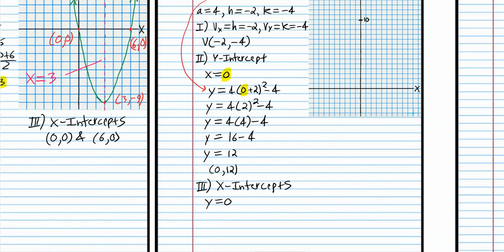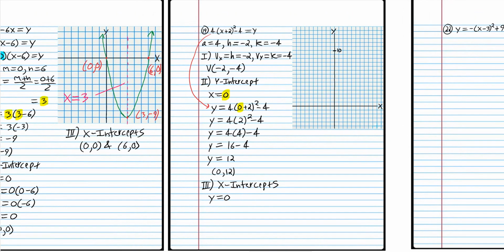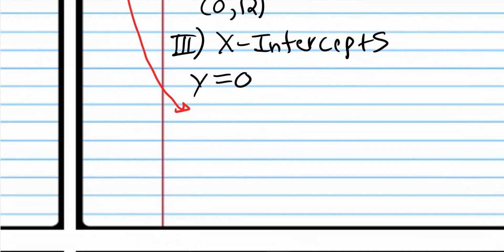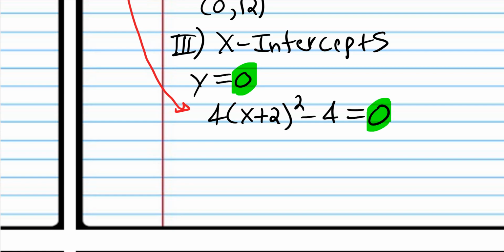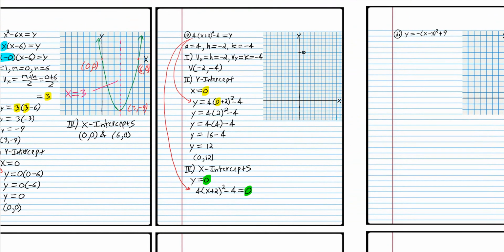But in these problems, we do have to do that. So we're going to rewrite the original equation, but we're going to let y equal 0. Let me go ahead and do that. So y is now 0 in that original equation. Let me make sure I got that equation right.